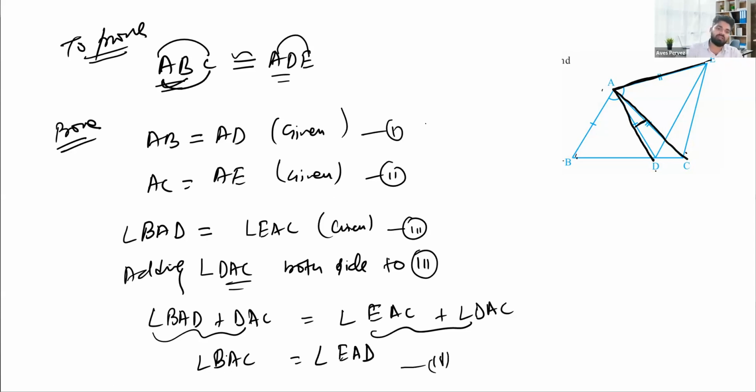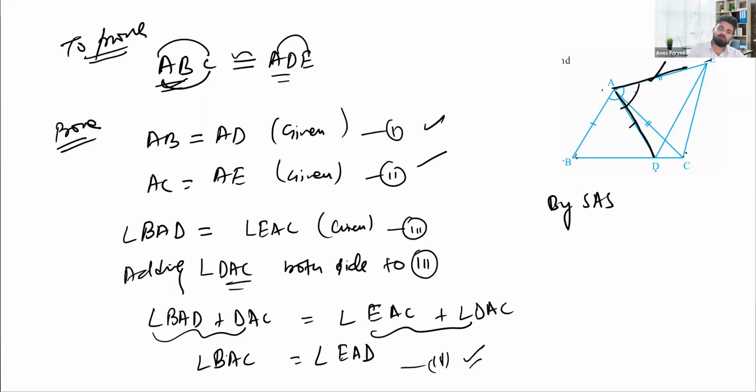So we have two sides equal and one angle equal. Then we can say by side angle side, two sides and the whole angle. Similarly in this triangle, this side and this whole angle.